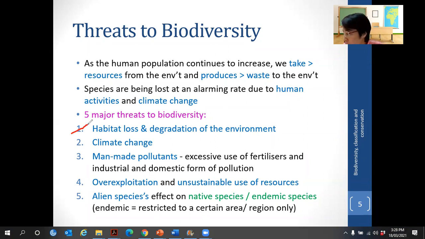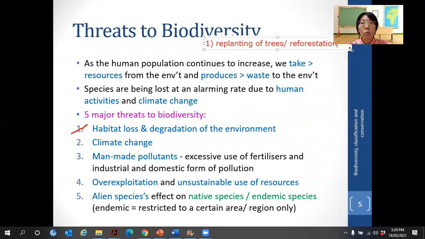So if we have chopped down the forests or plants and caused that habitat to be degraded, of course, to restore it we need to do replanting of trees to that habitat, or reforestation. So that will resolve this issue.